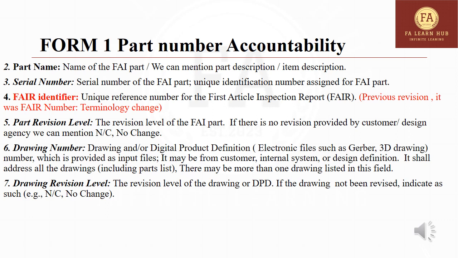We have to ensure the correct revision was followed, and we have to mention the same. If there is no revision, most probably the revision will be 0 or 1, which is a starting revision. If revision is not indicated in the drawing, we can ask the design agency or the customer and get a confirmation. Then only we have to put it there.